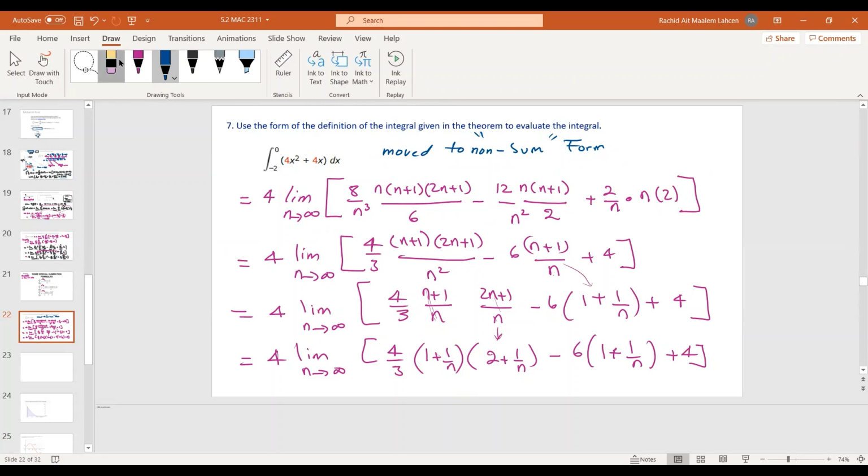that's to show the transition and what happened. So we moved to this non-sum form, and we try just to make it as simple as possible. Maybe you can factor something and do whatever calculation you need, but also for the limit, because we know with the limit, as it approaches infinity, we've done it.